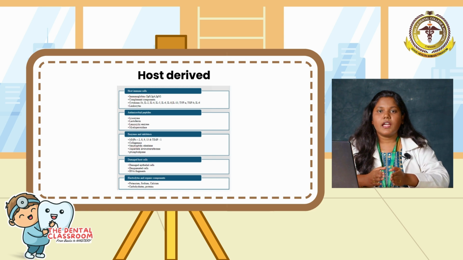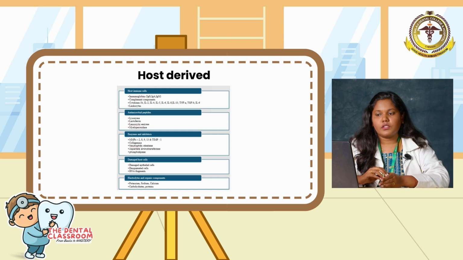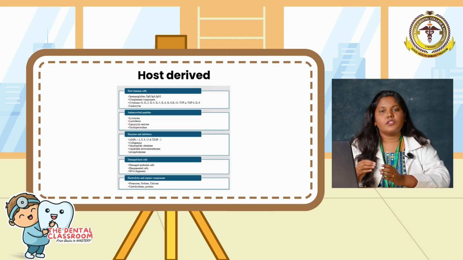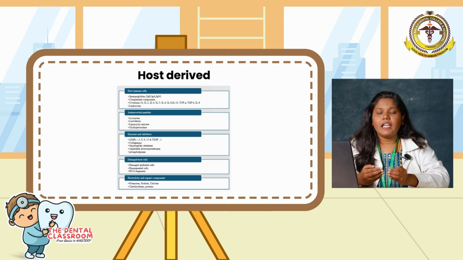When these enzymes and inhibitors cause lysis of your host cells, they will result in the damage of the host tissues. So, what are the damaged host tissues which will be present in the GCF? There will be damaged epithelial cells, desquamated cells, or the presence of DNA fragments. Other than these things, there will also be electrolytes and certain organic compounds. What are the electrolytes?